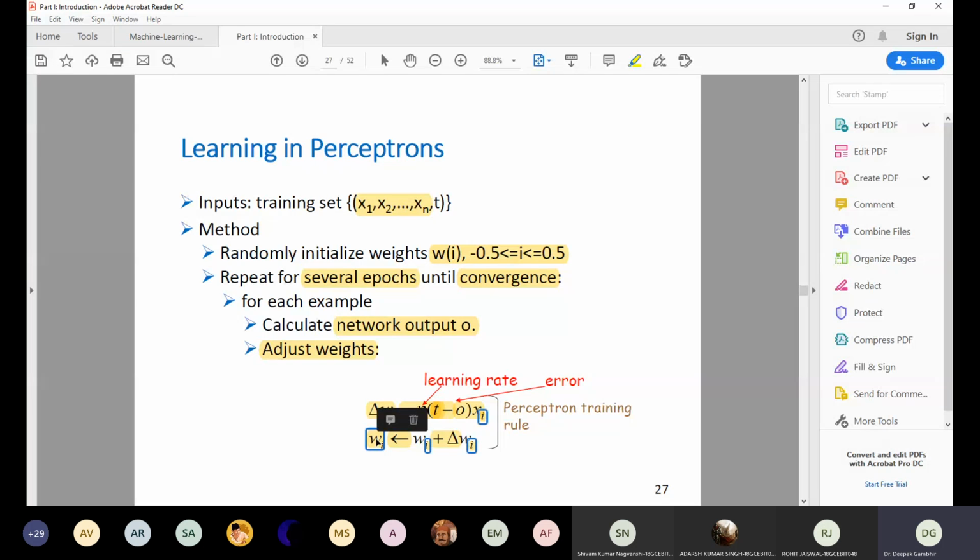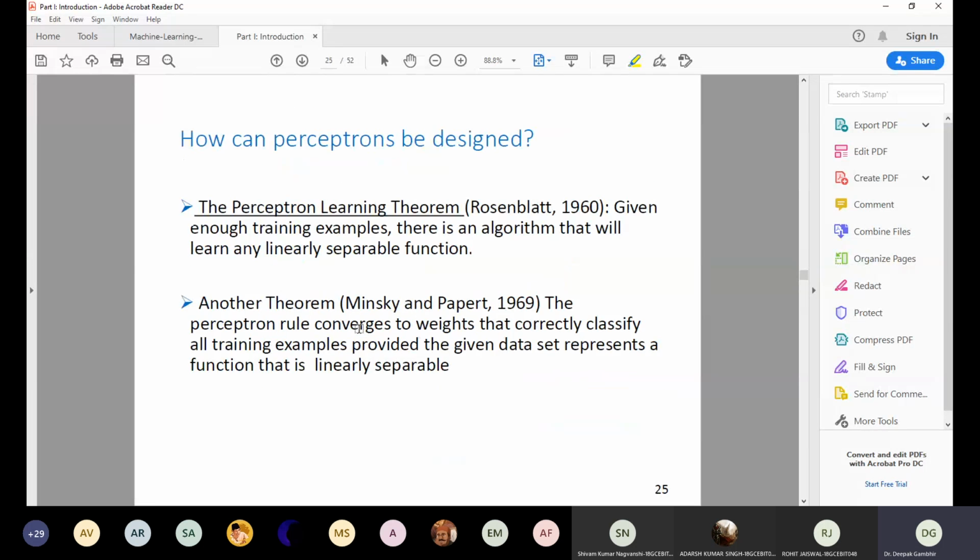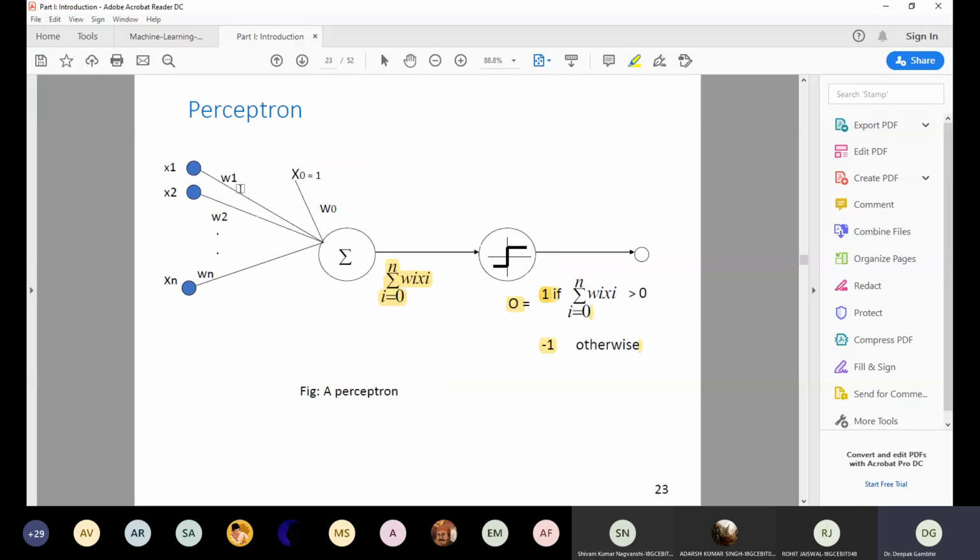So in the case of the perceptron learning algorithm, or neural network learning, it means that we need to find the weights such that whenever they are multiplied with the unknown inputs x1, x2, x3, they will be able to tell me whether it is a positive example or a negative example.